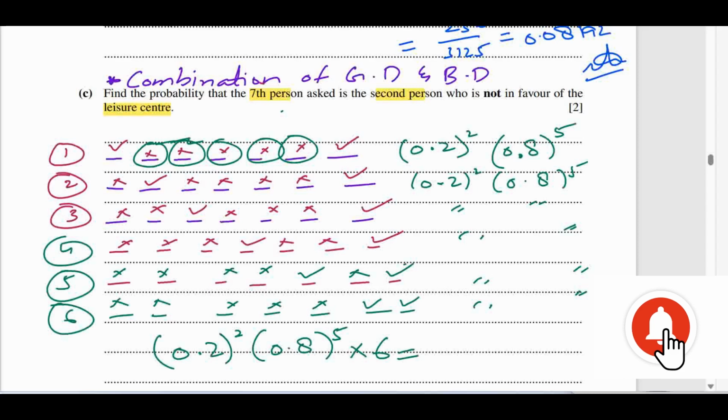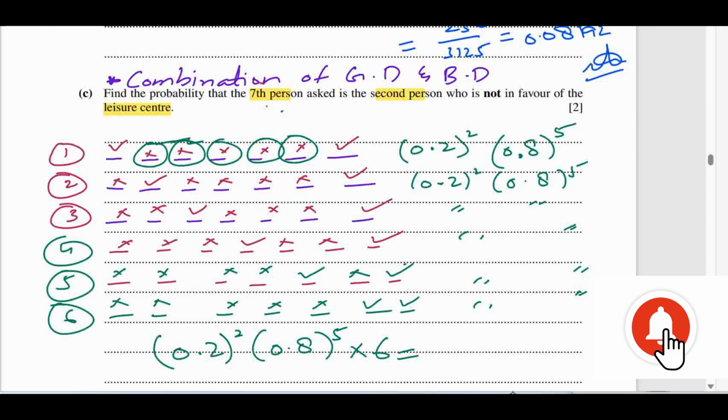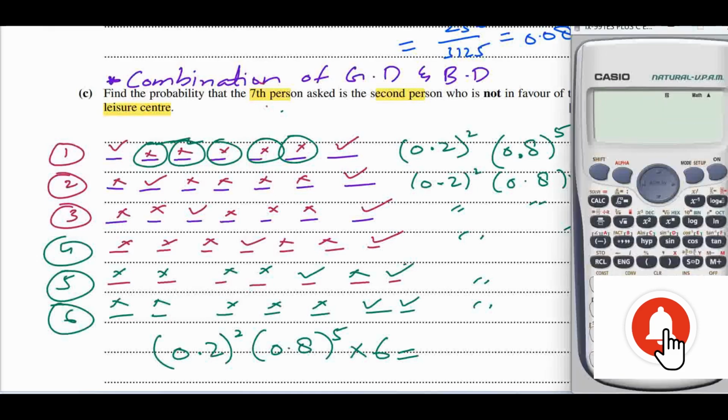So this will be equal to, let's see the final answer. 0.2 whole square multiplied by 0.8 whole power 5 multiplied by 6.